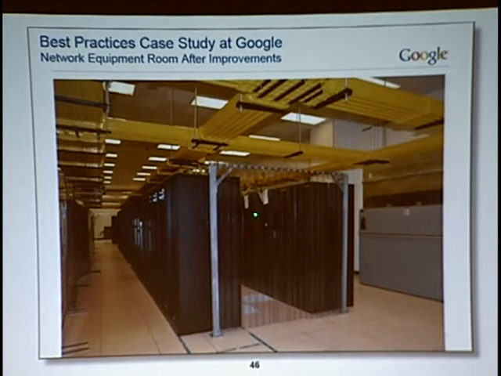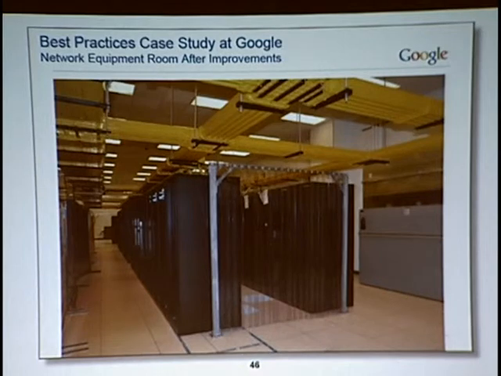They put curtains on the ends of the aisles, but not anywhere else. They filled in all the holes in the floors and put blanking panels in, and they got a payback in less than a year. I think they spent $20,000 and were saving $25,000 or $30,000 per year in electrical cost in a small implementation.